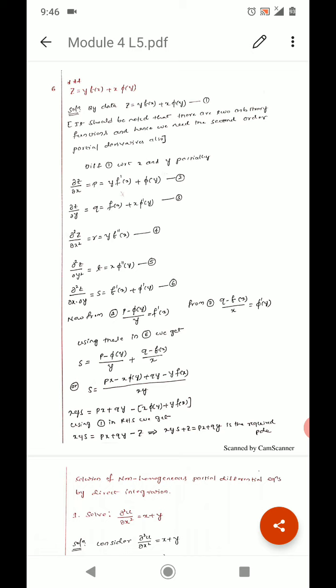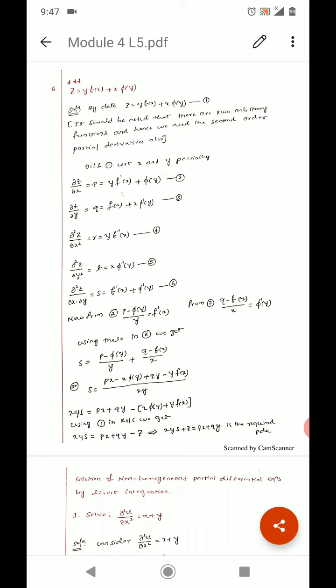When we differentiate with respect to y, y becomes 1 into f of x plus x into the differentiation of pi of y, which is pi dash of y. Therefore, q is equal to f of x plus x into pi dash of y. So this is equation 3.